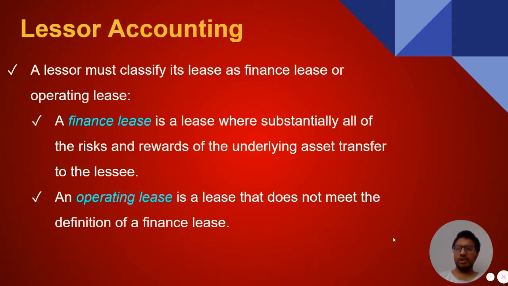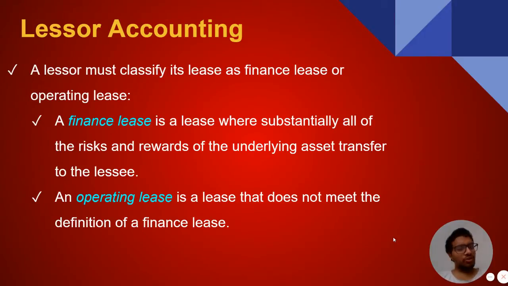Similarly, lessor accounting, right? In case of lessor accounting, IFRS still provides us the choice between finance lease and operating lease. We can classify it under these headings, but what is a finance lease? A finance lease is where substantially all the risks and rewards of the underlying asset transfer to the lessee, okay.